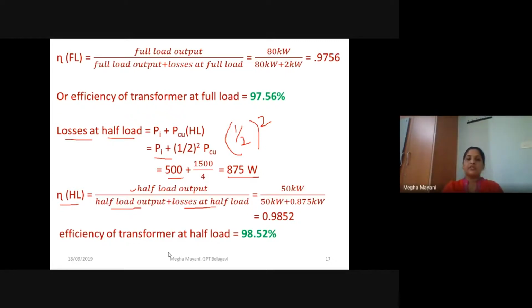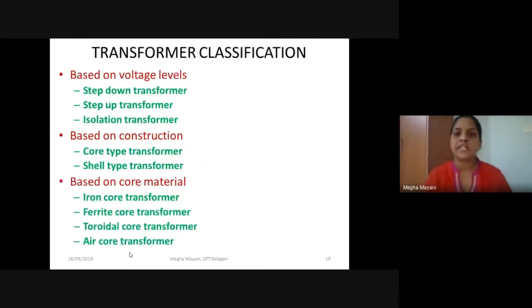We can proceed to the next important section, that is transformer classification. We have a wide range of transformers. So one way which I could classify them are under some categories, like based on the voltage levels, we can classify the transformers to be step down type, step up type, or isolation type.